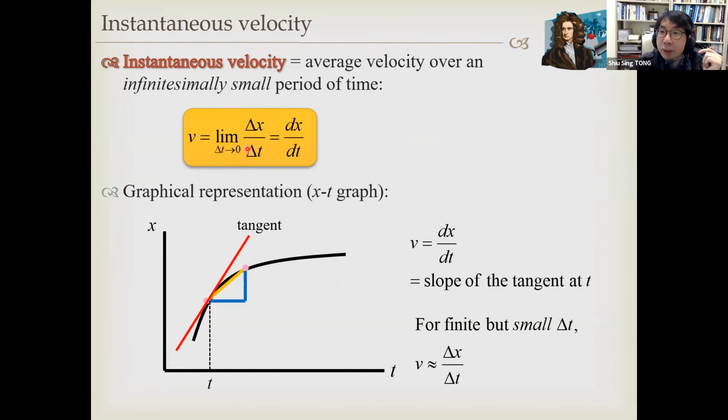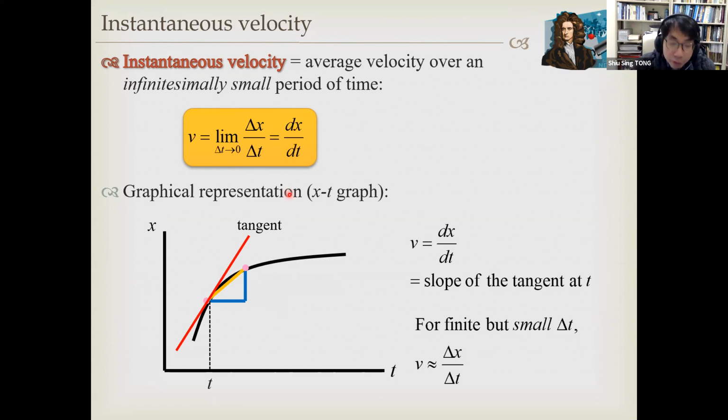And we formally denote this limit by the derivative of x with respect to t, and we write it as dx/dt. dx/dt is not a fraction, okay? dx/dt is an infinitesimally small change in displacement over an infinitesimally small time interval, okay? So that is a limit of the ratio of a change in displacement to the change in time interval, okay?